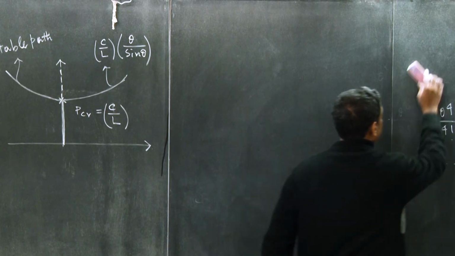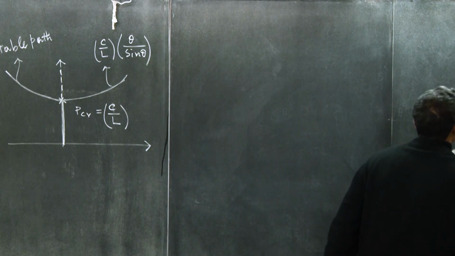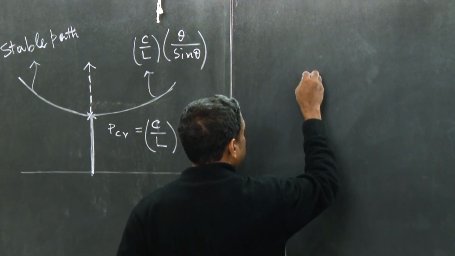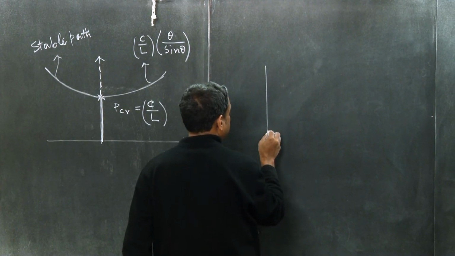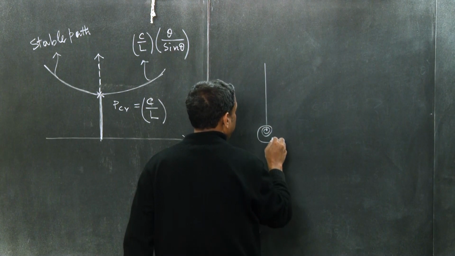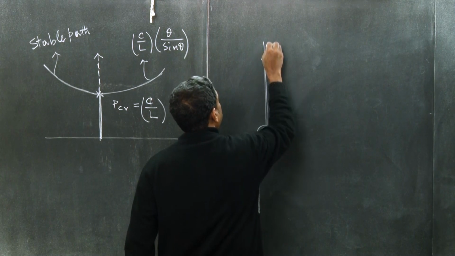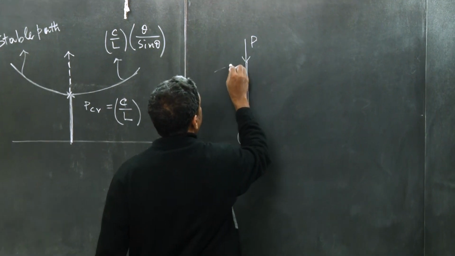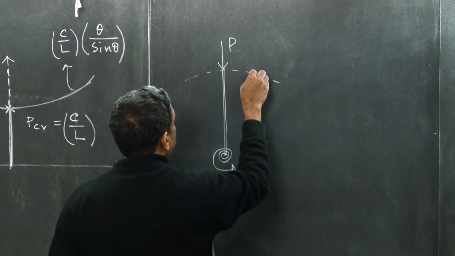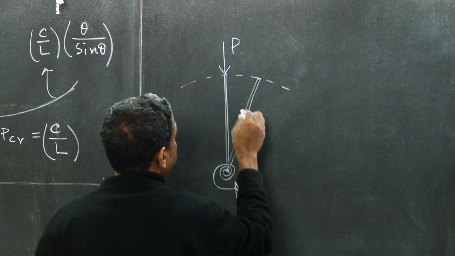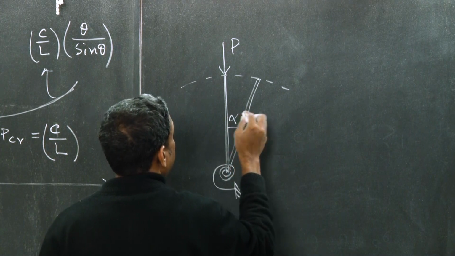So, you understand the nature of the potential. Now, I will put a little imperfection in that. Okay. I am assuming that this is having some imperfection alpha.